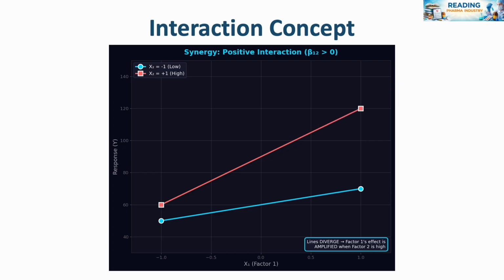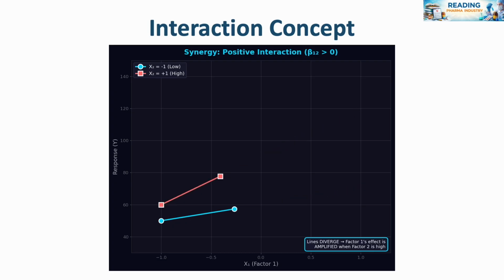Okay, if we look at this animation, hopefully it will explain this interaction term more clearly. What you can see here is x1 on the x-axis and the response y on the y-axis, and you have two levels.